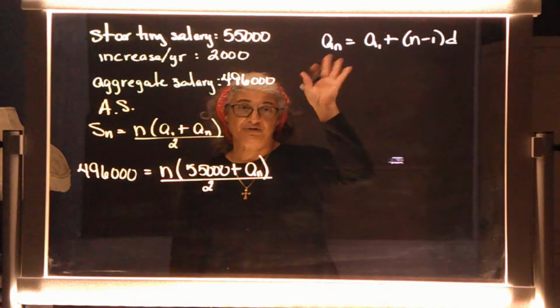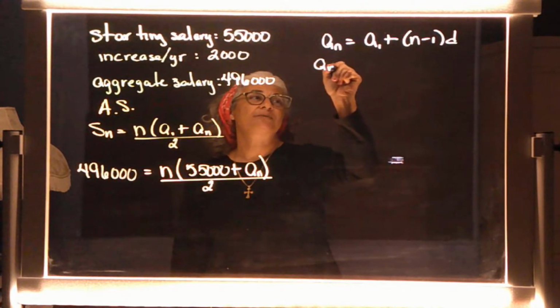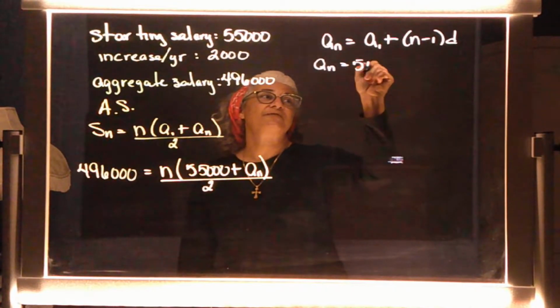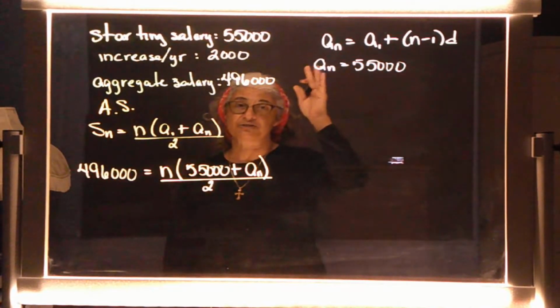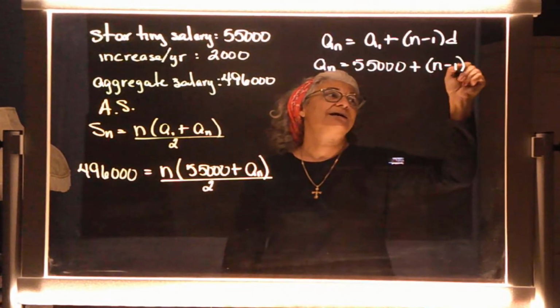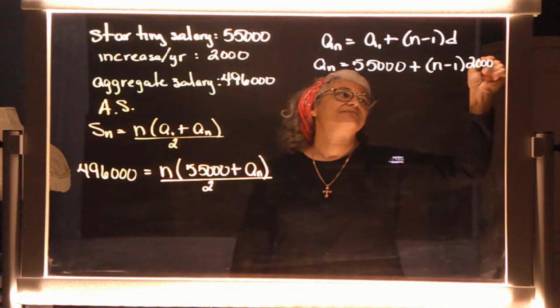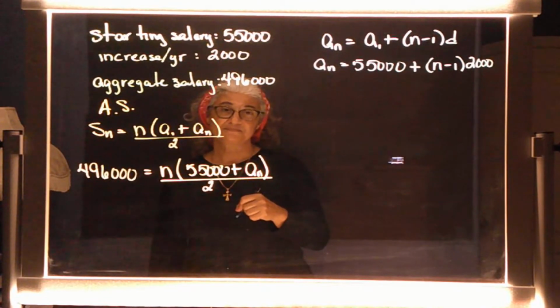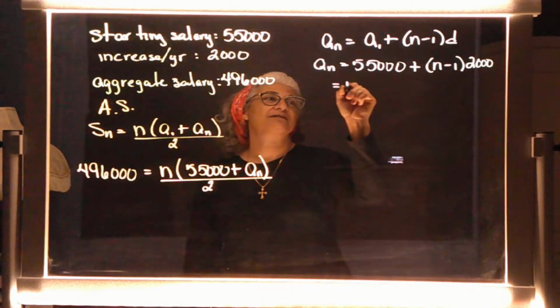That's the generic term, right? Okay. a sub n then is equal to 55,000 because that's your first year's salary, plus n minus 1 times 2,000, right? Okay, let's simplify this a little bit.